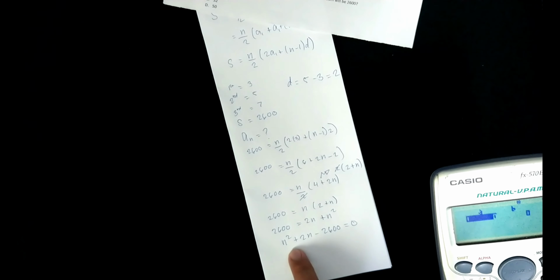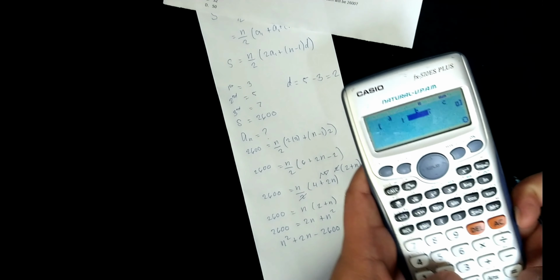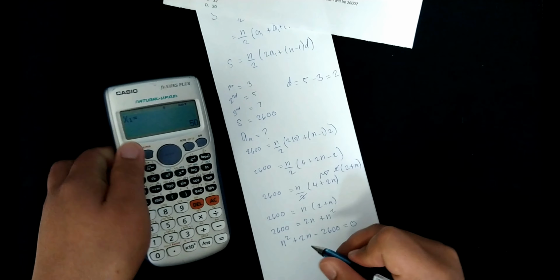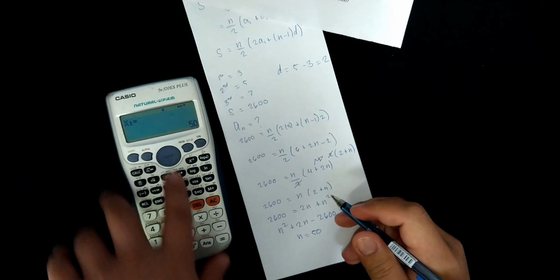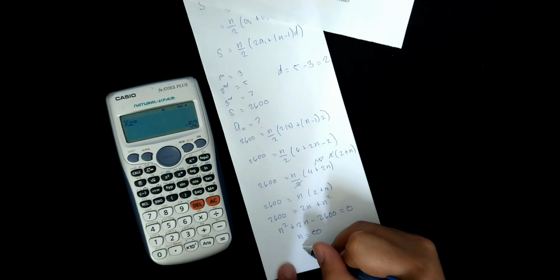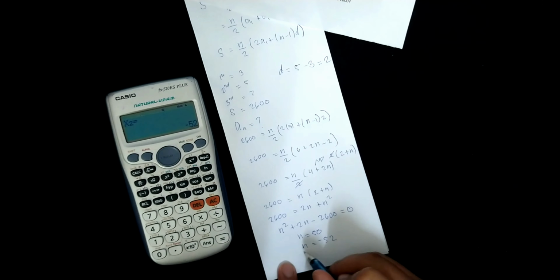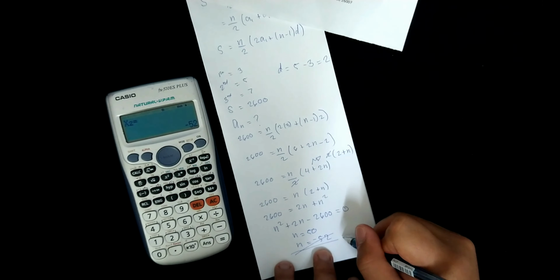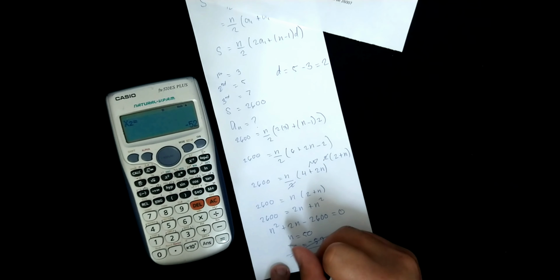So it's a 1, 2, and negative 2,600. Then press equals. So x is equal to 50, or n is equal to 50, and the other n is equal to negative 52. We will not use this one because there is no negative in the progression. So the answer is 50.